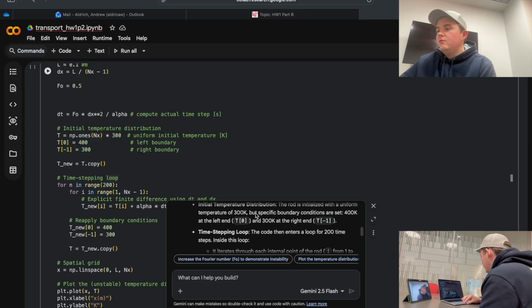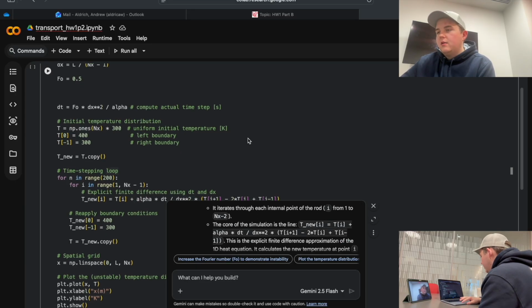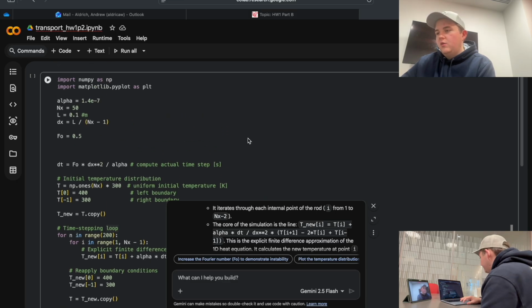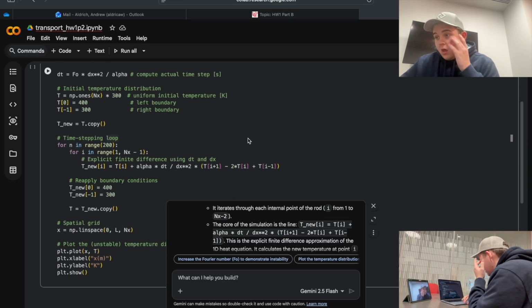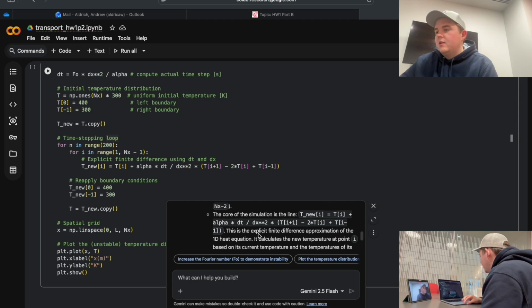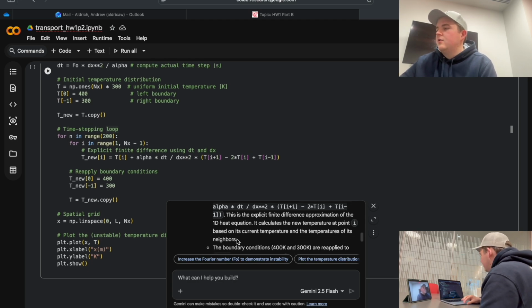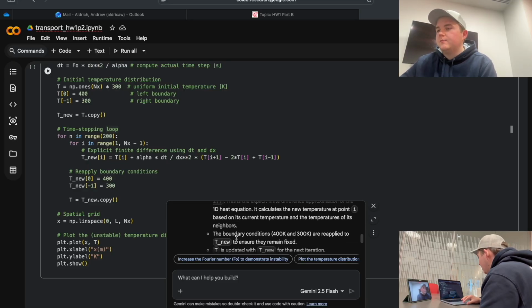It iterates through each internal point of the rod, i from 1 to nx minus 2. The core of the simulation is the line that is the explicit finite difference approximation of the 1D heat equation, and it calculates the new temperature at point i based on its current temperature and the temperatures of its neighbors.